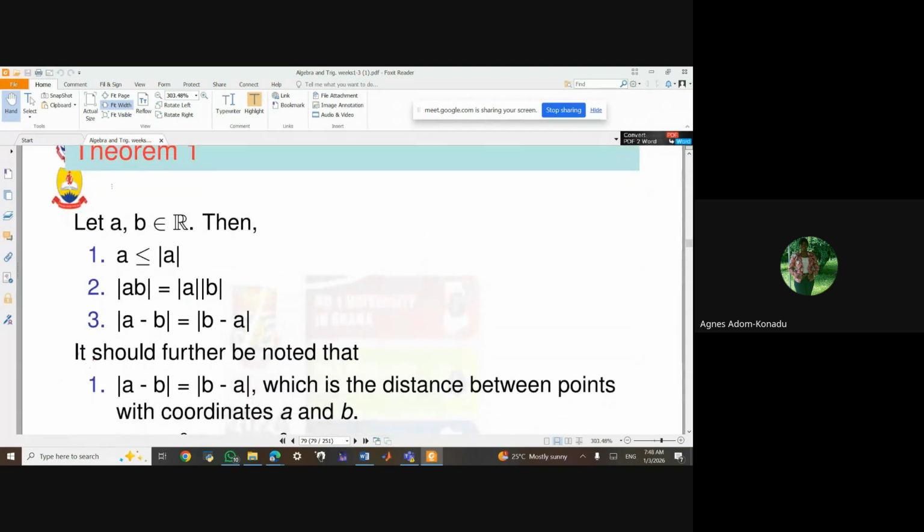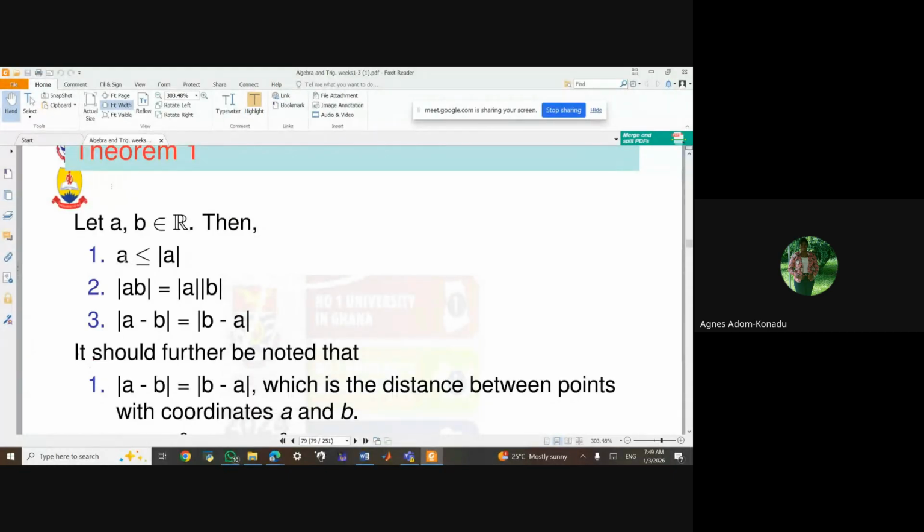Okay, so as I was saying, we have some theorems under absolute values. If I have numbers A and B, both real numbers, I will just write A, B in R. This means that A is a real number and B is a real number. Then we have the following theorems.